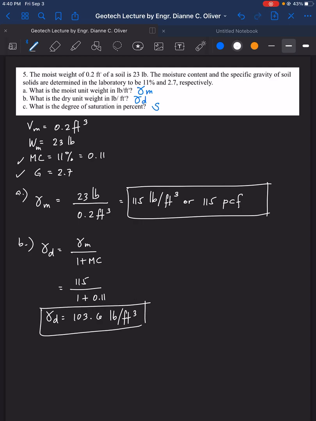Okay, so we have here letter C. For letter C, we're looking for the degree of saturation in percent. How do we get the value of S? Again, from the relationship G MC equals SE. Now the problem here is we are missing E. How do we get the value of E?